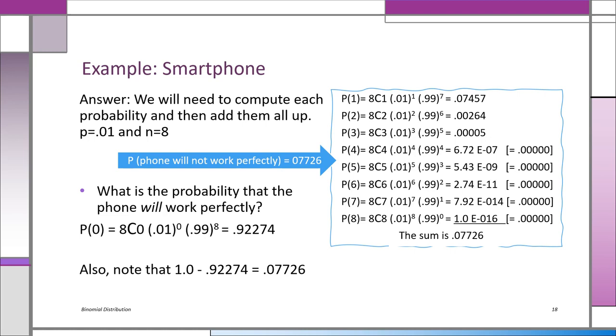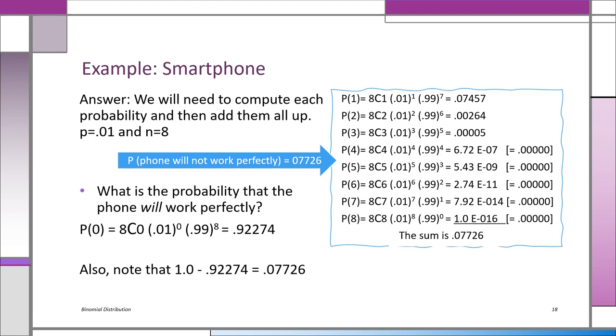The same thing holds for the probability of 5, 6, 7, and 8 defectives. And when you add up all of those binomial probabilities, you have 0.07726.